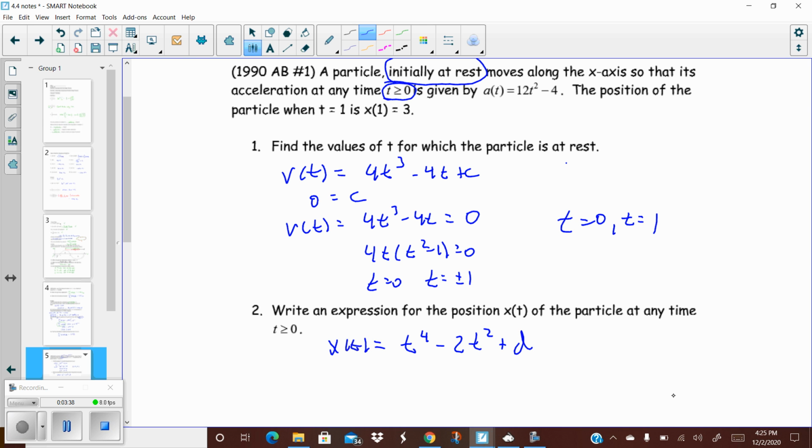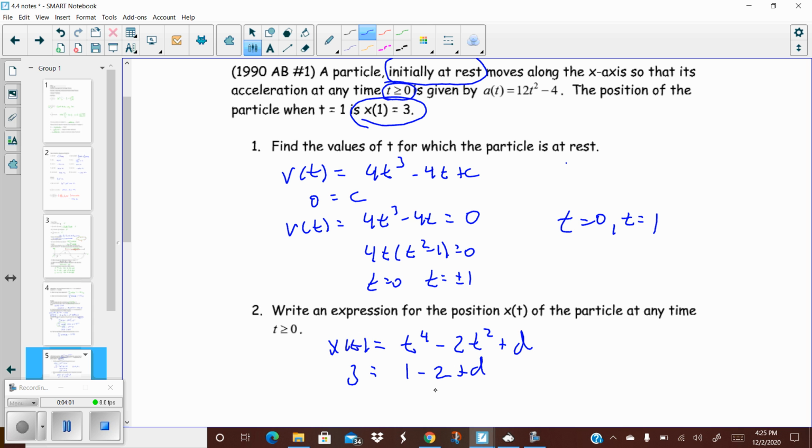But we were given some kind of an initial condition for that, right there, x of 1 equals 3. So that basically means that when the t value is 1, the x of t is 3. Plugging in 1, again, 1 raised to any power is 1, so 1 to the 4th is 1, minus 2 times 1 is 2, plus d.